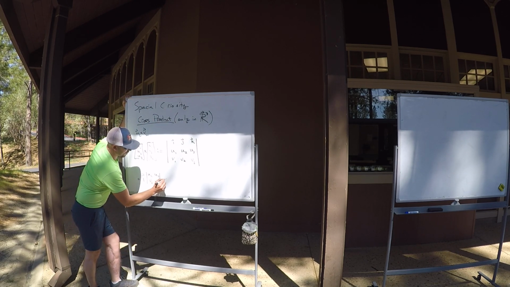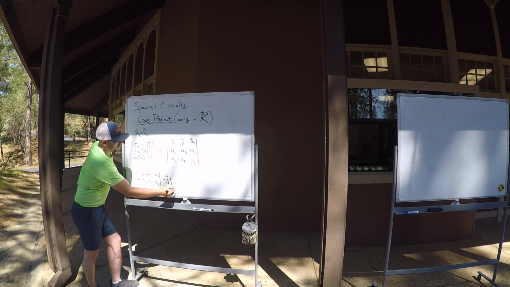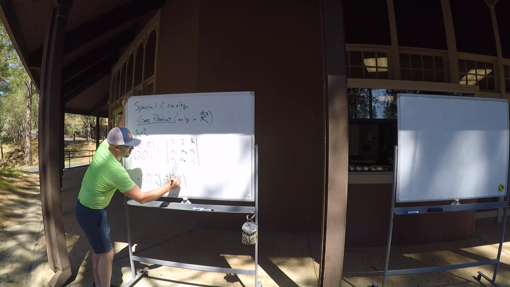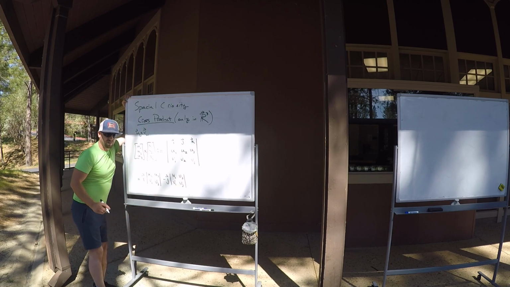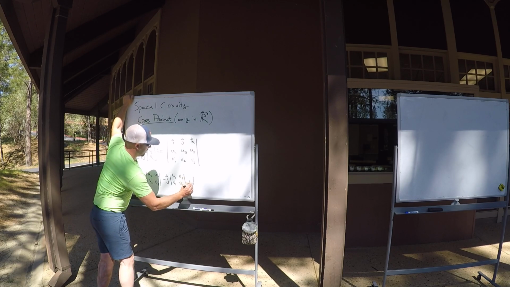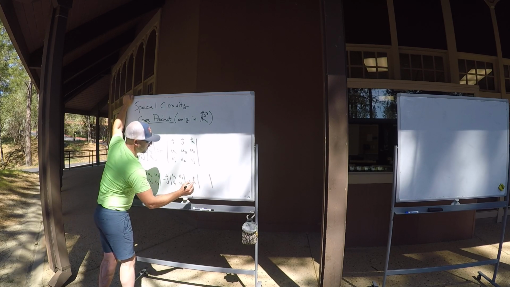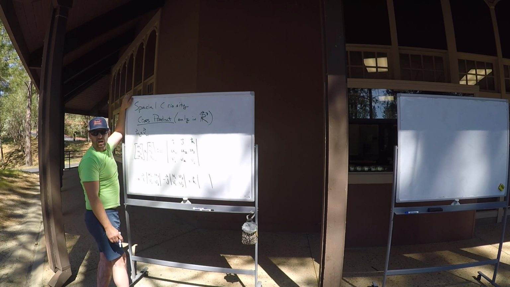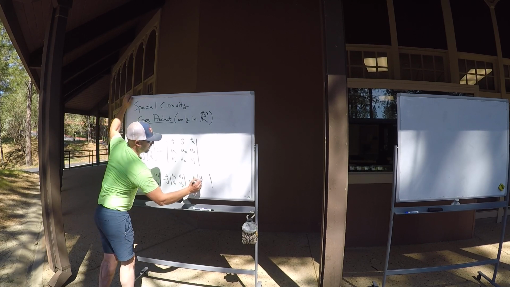And then we have to remember to subtract j, and here we'll have our little cofactor, which is going to be u1, u3, v1, v3. And then we'll add k, and here we'll have our little cofactor for k, which is going to be u1, u2, v1, v2.